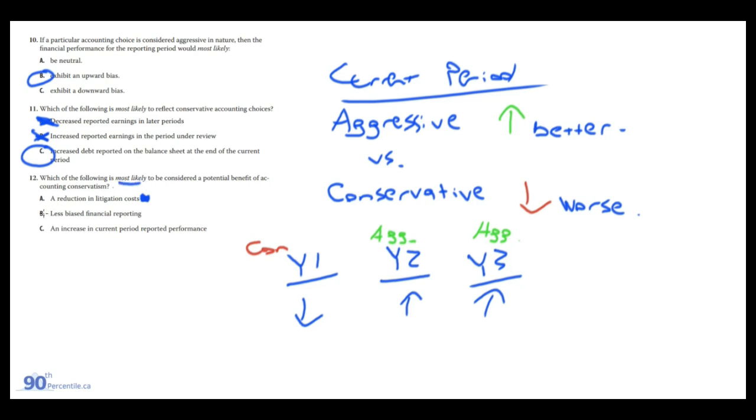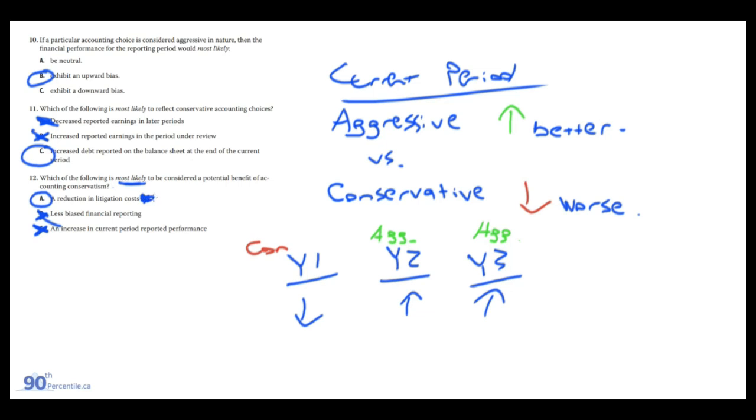B, less biased financial reporting. No, being conservative is inherently a bias, right? So the bias is still there. And the last one, an increase in current period performance. No, so this would be aggressive, right? So this is the answer. The most likely benefit of accounting conservatism is a reduction in litigation costs.